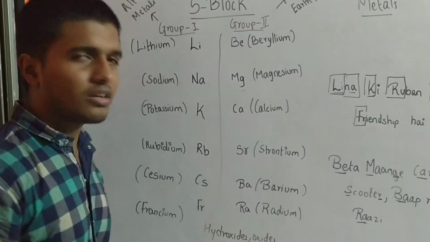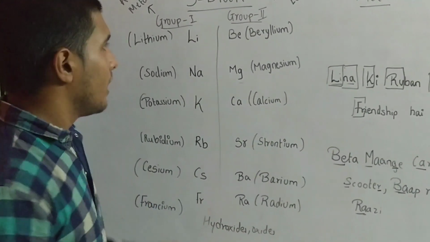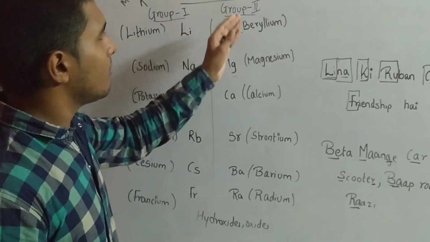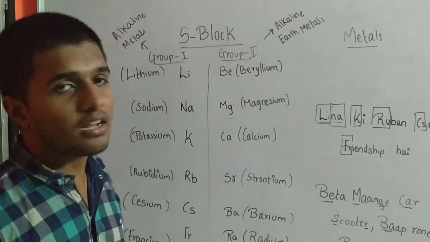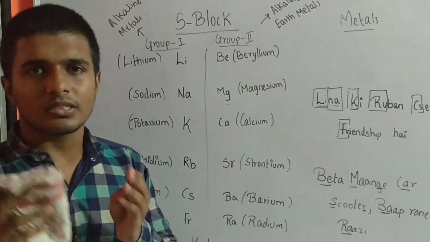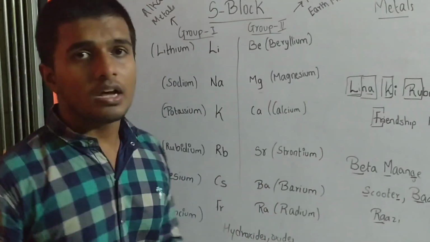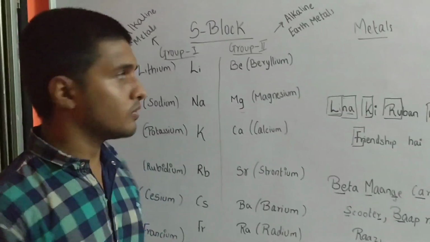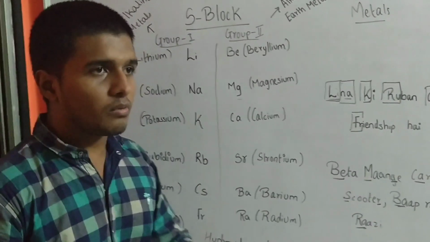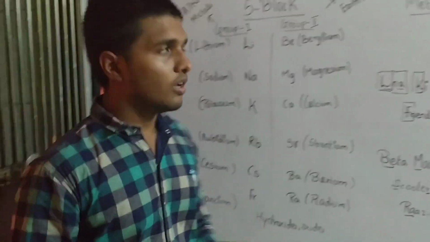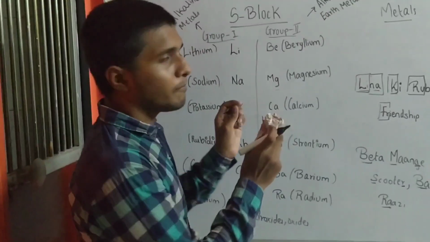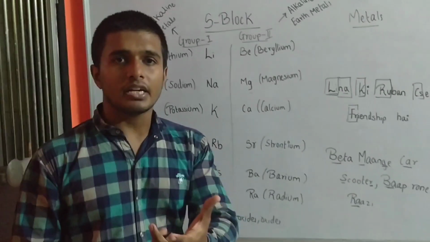It is basic knowledge I am giving to you. And second is the group 2 elements, which are named alkaline earth metals. By the name itself, you can memorize that these elements were discovered from the earth's crust, which means these elements are found in the earth's crust. So these are the basic properties I am imparting to you.